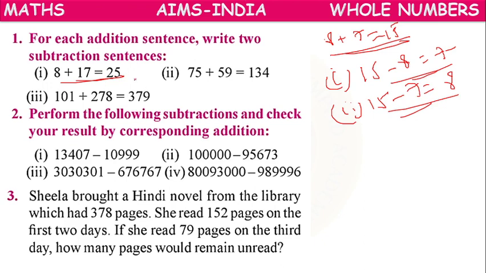In the same way, for the second one and third one, you can write the subtraction facts, children. Do this practice sheet as homework, scan that homework sheet and upload it in the AIMS India app through whatever chat box is there. With that you can submit your homework. The second one and third one, do as homework.